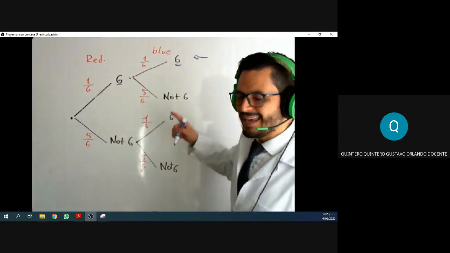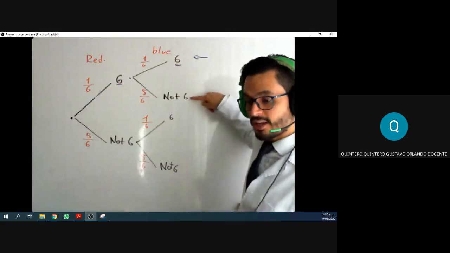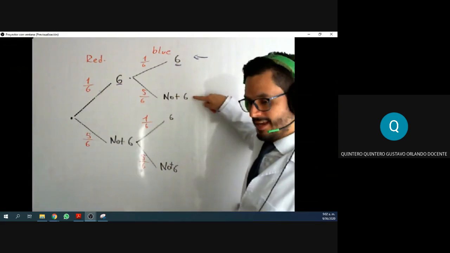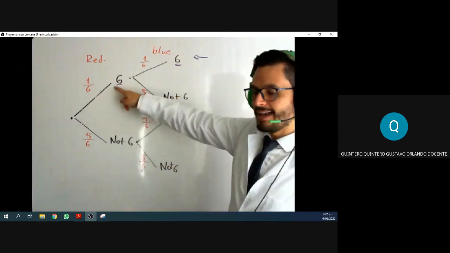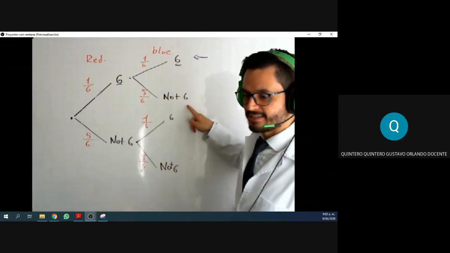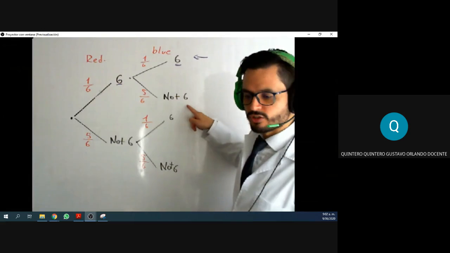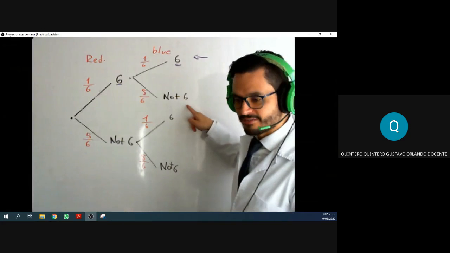Each of these rows represents possibilities. So for example, this one in here would mean in the first dice, you get a 6, and in the second one, you don't get a 6. This is a possibility for 6-1 or 6-2, 6-3, 6-4, or 6-5.